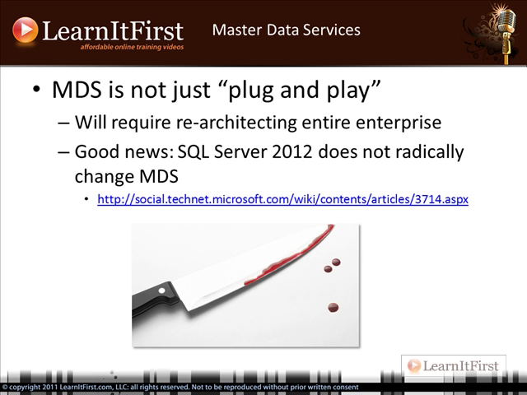But really the big thing here is that you're going to have to re-architect all of your applications so that they no longer pull from the local copy of the products table, right? That they go to that master list. That's a big deal, okay?